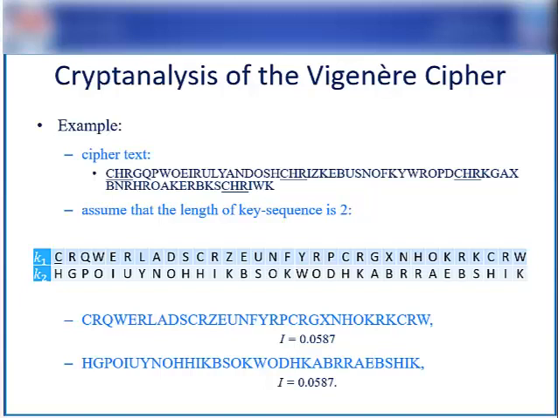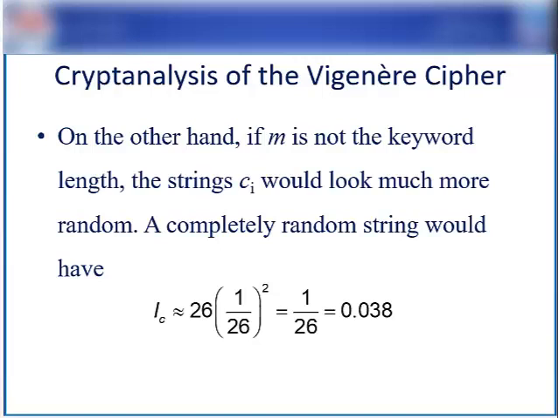On the other hand, if m is not the keyword length, the string's index of coincidence would look much more random. A completely random string would have, as we said before, an index of coincidence close to this number.